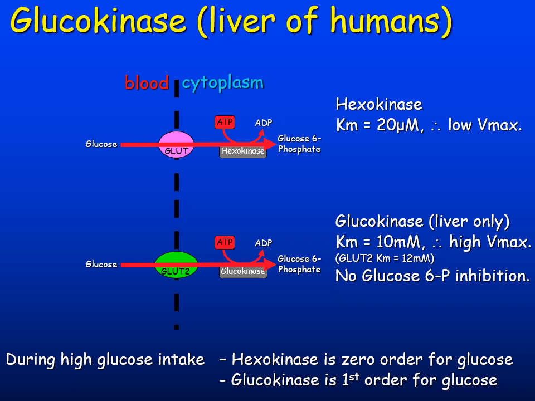And the other nice thing about glucokinase is that it is not inhibited by glucose 6-phosphate, which is, of course, its substrate that it produces. So therefore, there is no end product inhibition of that enzyme. So again, that's just another nice story of how your body has adapted the enzymes that it uses through their Km to regulate particular pathways.